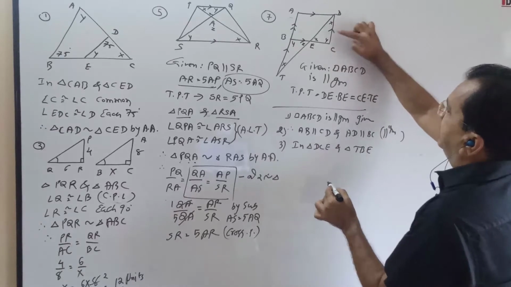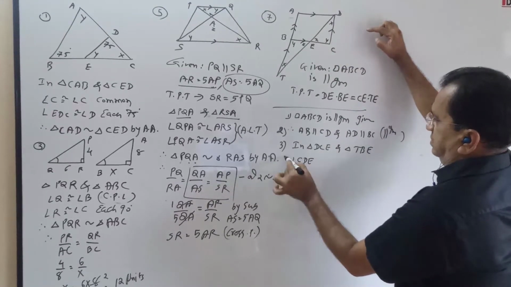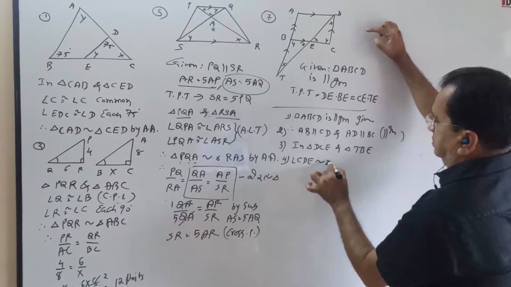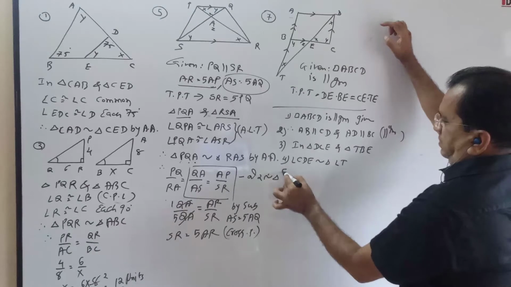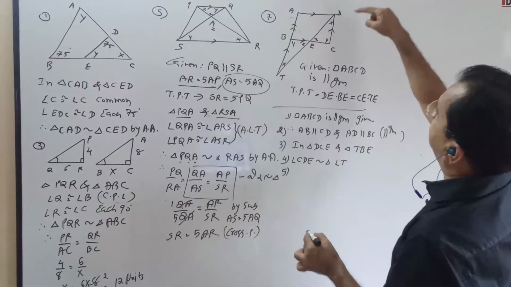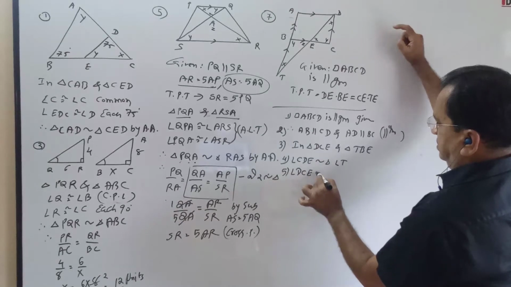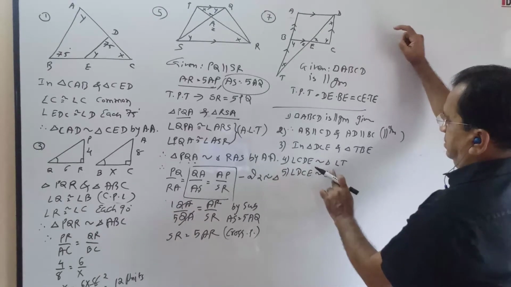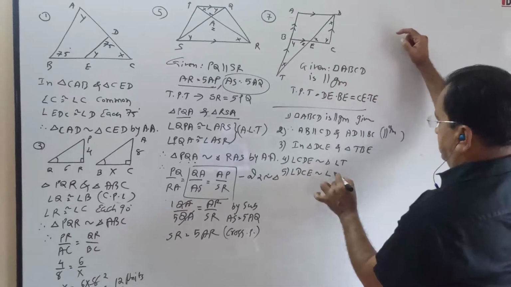X angle means CDE, X angle means T. Now Z: DCE, TBE.